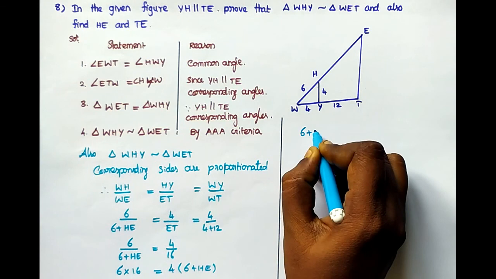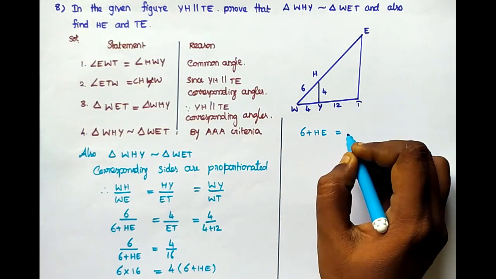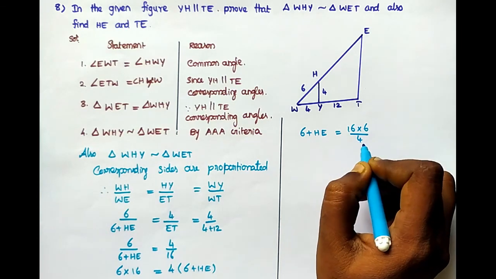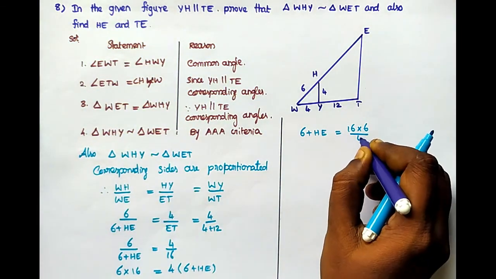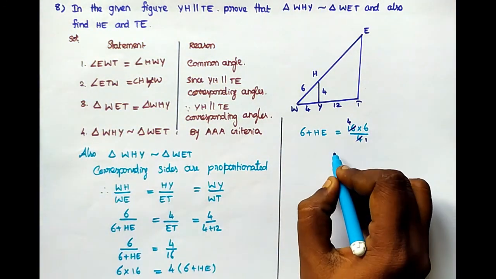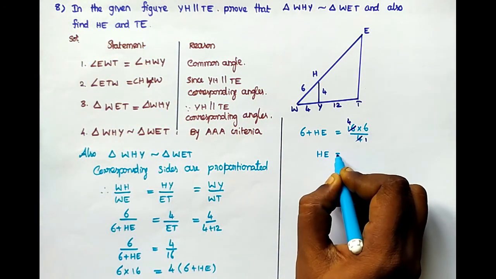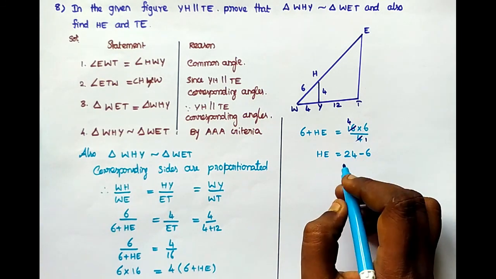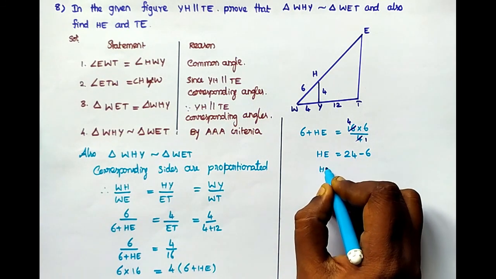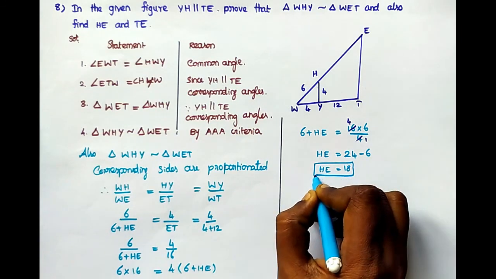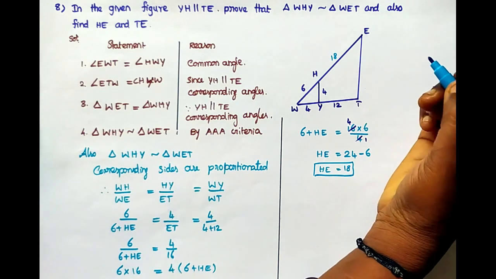So 6 plus HE equal to 16 into 6 divided by 4. Now 4 1s are 4, 4 4s are 16. HE equal to 6 4s are 24 minus 6. Therefore, HE equal to 18. So here 18.